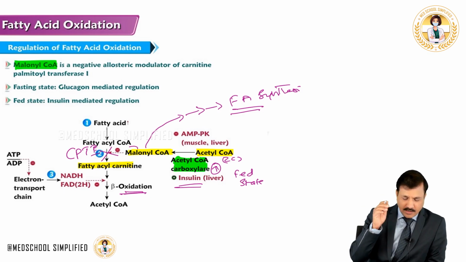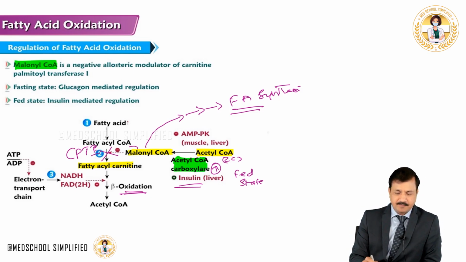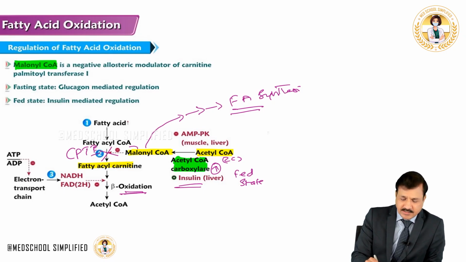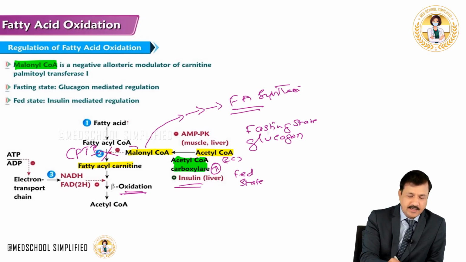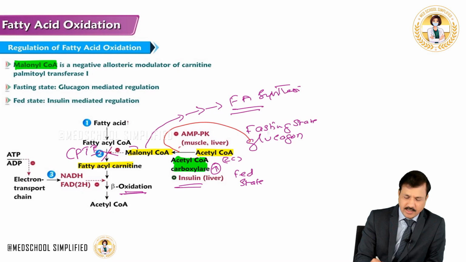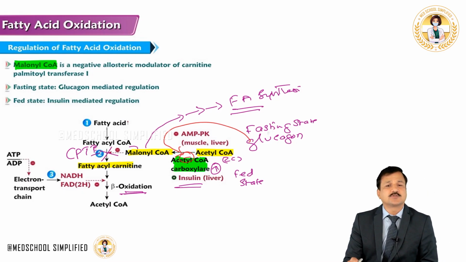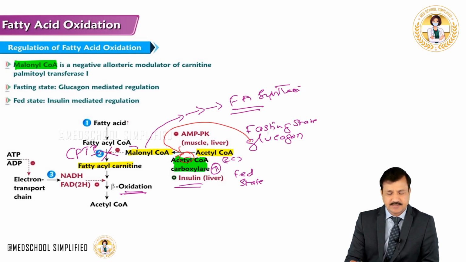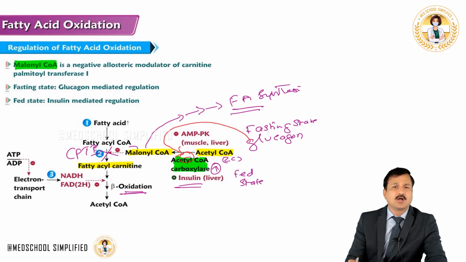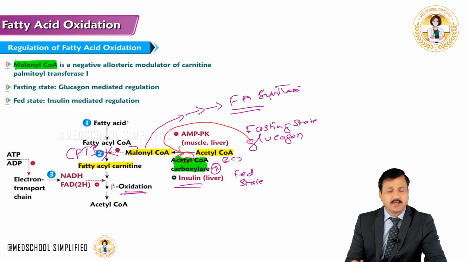And what will happen under the fasting condition? Whenever a person is in the fasting state, the fasting hormone is glucagon, and glucagon has a negative effect on the acetyl-CoA carboxylase enzyme. Basically, glucagon phosphorylates acetyl-CoA carboxylase. When acetyl-CoA carboxylase is phosphorylated, it no longer converts acetyl-CoA into malonyl-CoA.